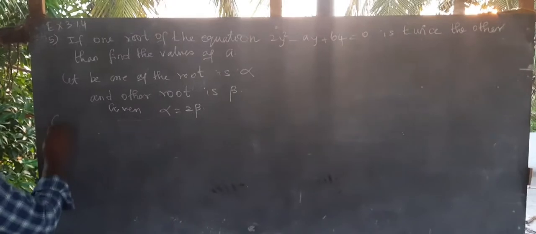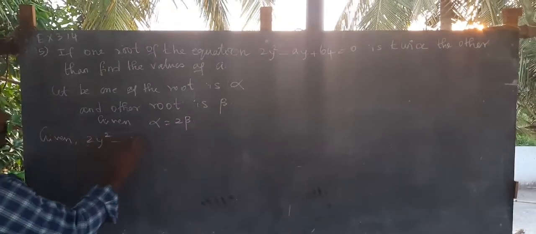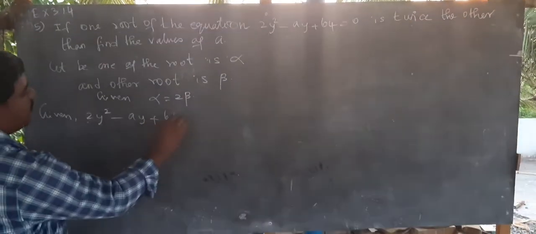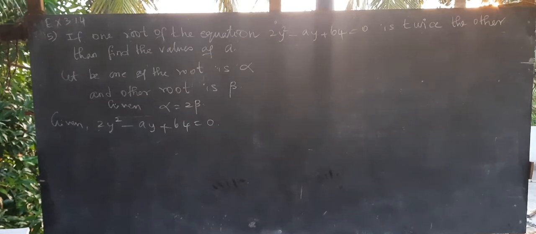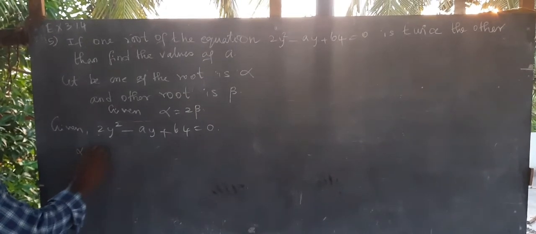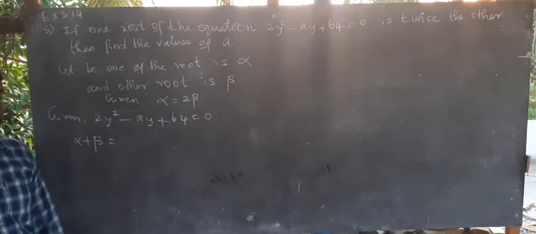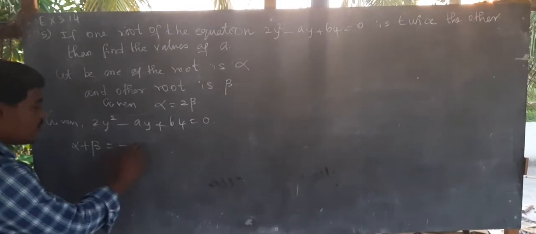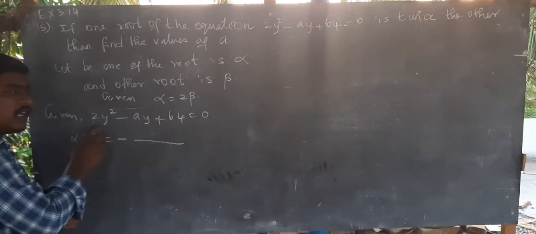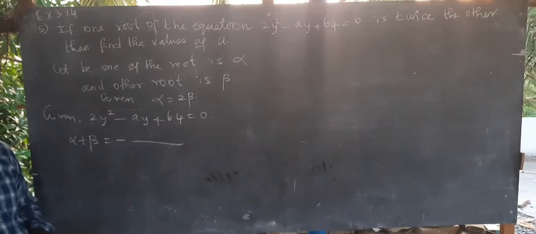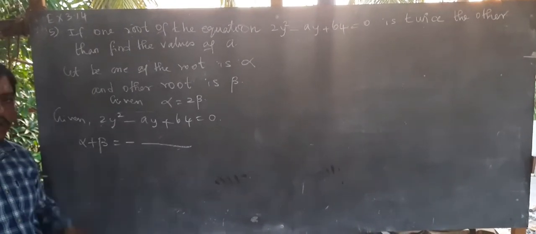Then, given the equation 2y square minus ay plus 64 equal to 0, from this we can find alpha plus beta. Alpha plus beta, sum of the roots, means minus coefficient of x by coefficient of x square. So here, coefficient of y by coefficient of y square.